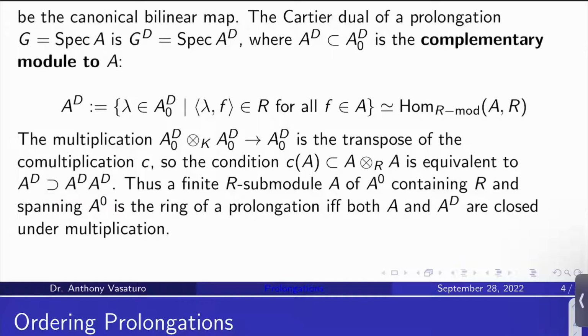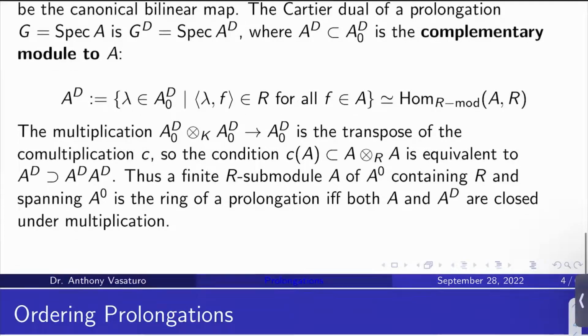It says that a finite R submodule A of A0 that contains R and spans A0 is the ring of a prolongation if and only if both A and AD are closed under multiplication. So if and only if both A and its complementary module are closed under multiplication, if you want to make it sound even nicer. Okay, so we can detect whether or not submodules of A0 are actually rings of prolongations pretty easily, and that's pretty nice.